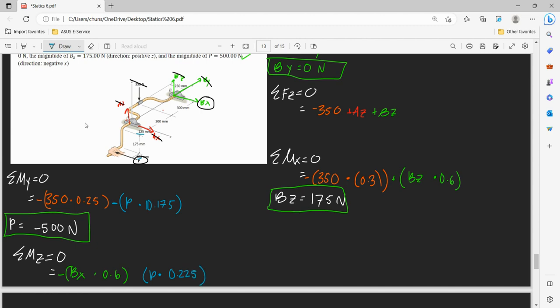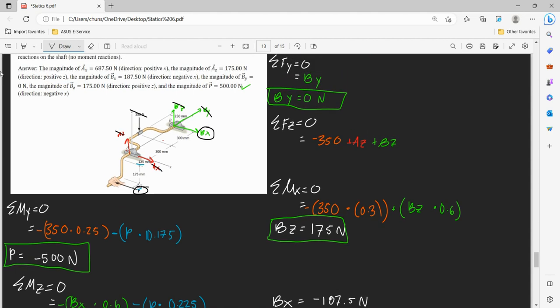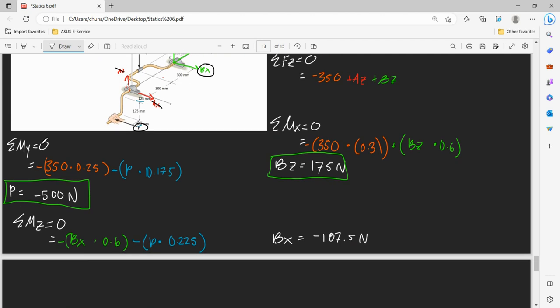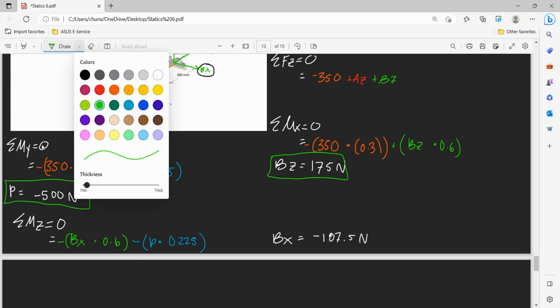And this is in our negative z direction as well. And if we solve for BX right here, BX is equal to our P, 500, times 0.225 divided by 0.6. This is negative 187.5 newtons. Let's check. Awesome. This is also correct.